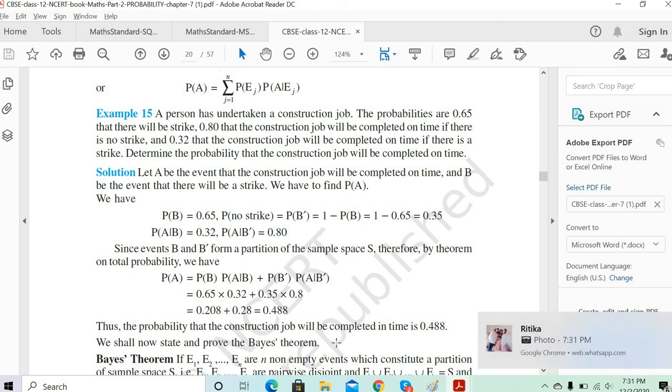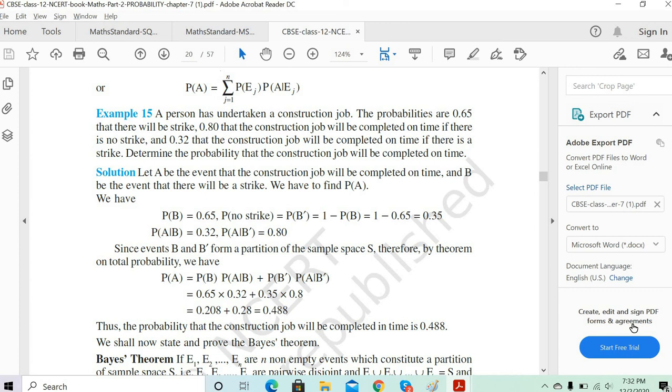Then P of B given A would be 0.80. Okay, let me solve and check. Yes, you solve it. Basically, two conditional probabilities are there: probability of A when a strike happened, and probability of A when the strike did not happen. Now try it by writing this part. You'll be able to get it.